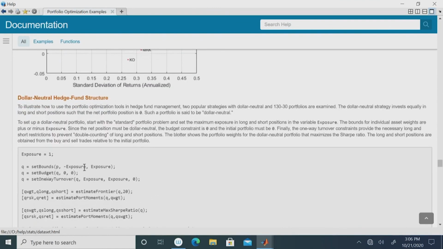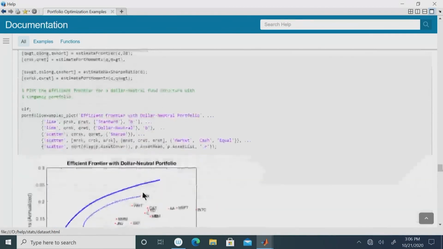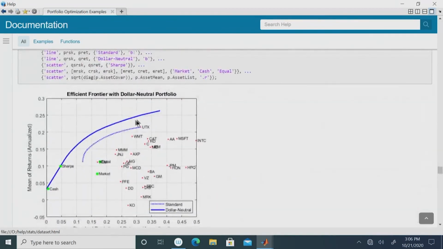If you observe carefully, the exposure is set to plus exposure and minus exposure. This one corresponds to the long position and this one to the short position, and here also you end up getting an efficient frontier of the dollar neutral.